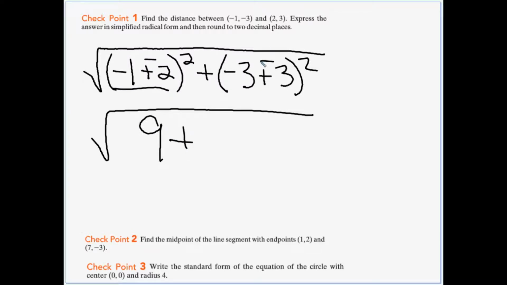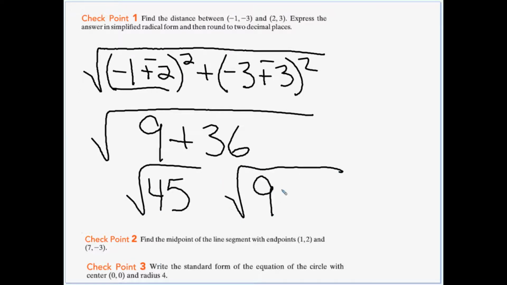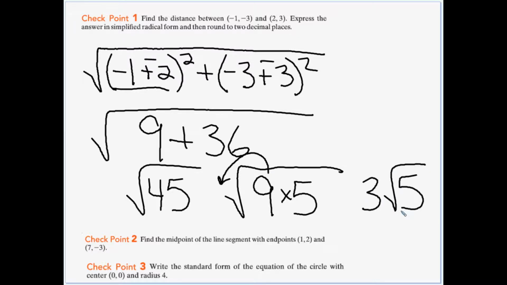Plus -3 minus 3 more is -6, square that and get 36. Add those up and you get the root of 45. Now 9 is a perfect square hidden in 45. 9 times 5 is 45. We can root the 9 and bring it out as a 3. 3 roots of 5.